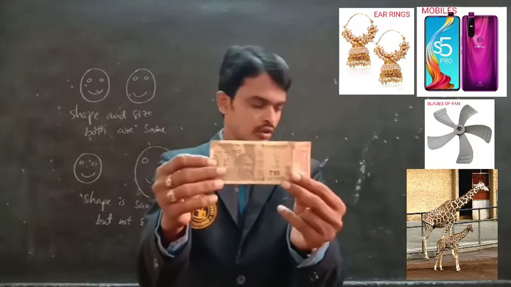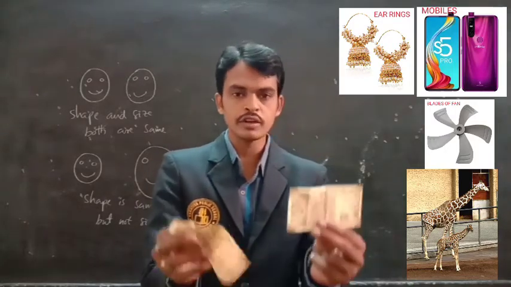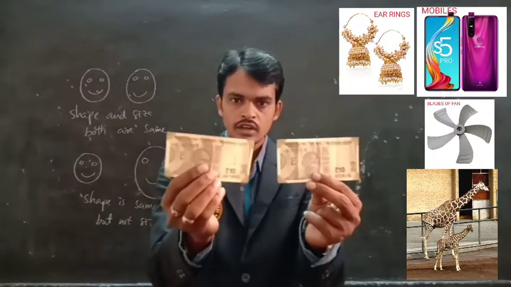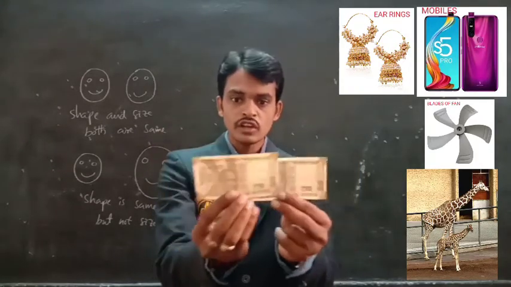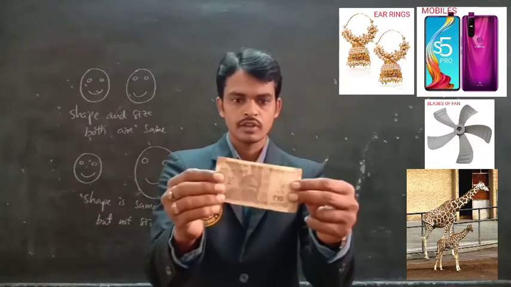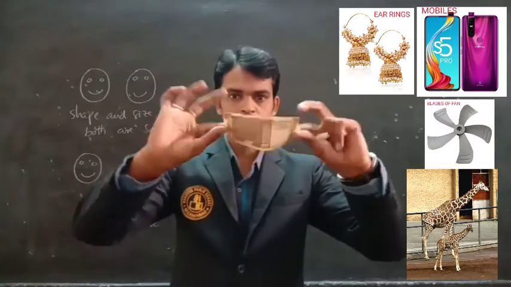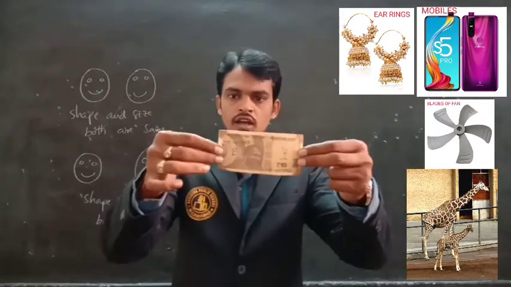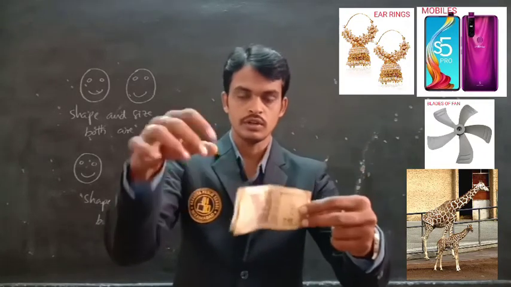No. So let us take one more 10 rupees note. The shape is the same and the size is also the same. Are they superimposed on each other? Yes, without any overlapping, they are superimposed on each other.